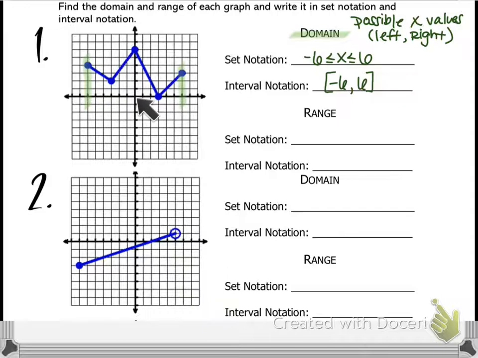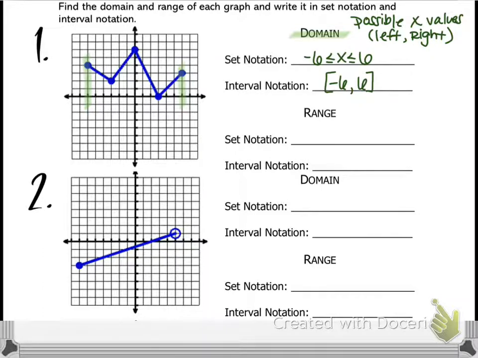Remember, from our origin, it's 1, 2, 3, 4, 5, and 6. And then we start back over to find the rightmost point, which is 1, 2, 3, 4, 5, 6. You might notice that I passed this point down here, and we actually ignore this for the domain because we don't care about the bottom to the top, because that's our next part, which is the range.